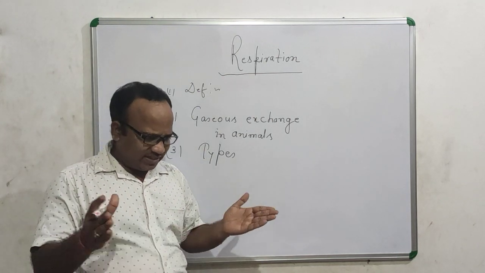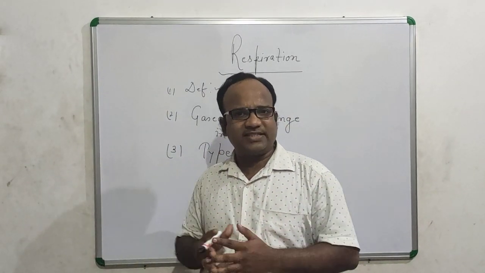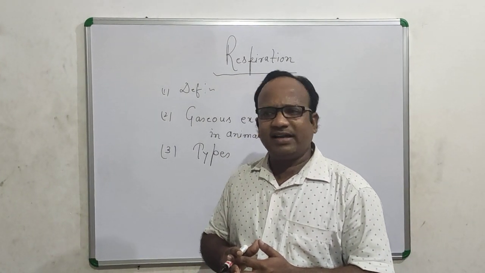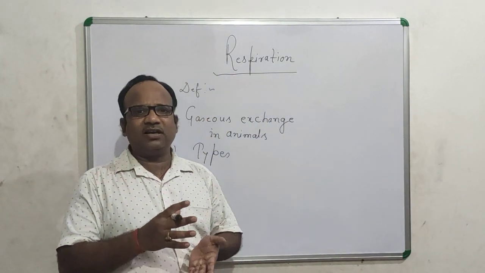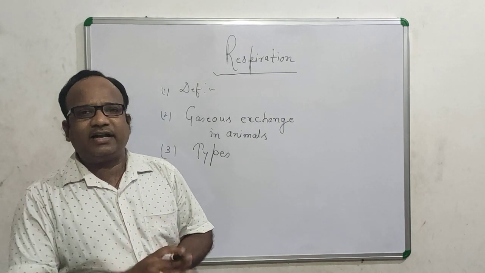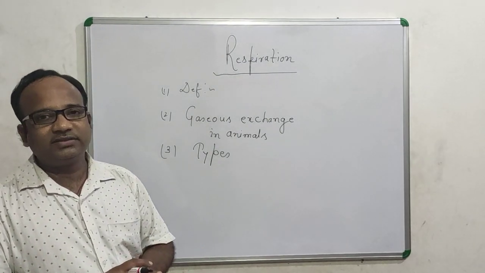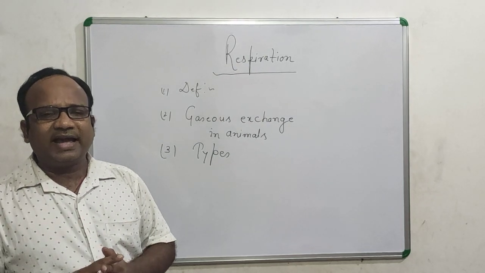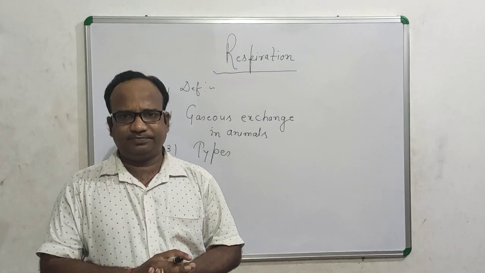It's a vast process, but for better understanding we will go for its types later on. But how does this respiration take place in different organisms, we will go right now. Definitely one thing might be coming in your mind: what is the balanced chemical equation for respiration?